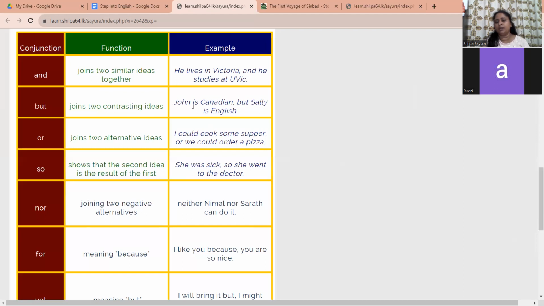So you see John is Canadian, but Sally is English. These two are different, Canadian and English, so we use but. John is Canadian, but Sally is English. See the comma is used, especially when you use conjunctions.